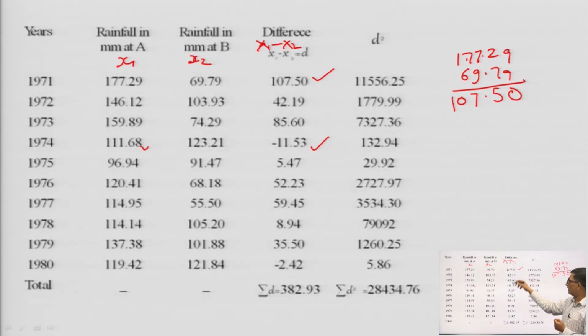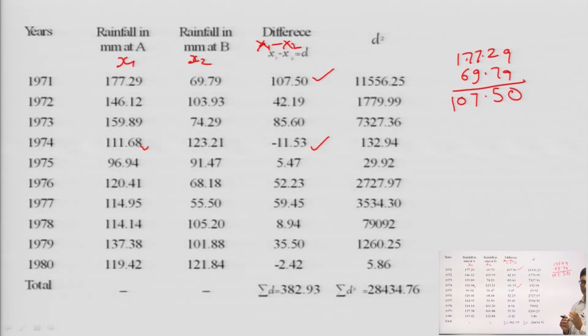So, first we find the difference between x1 and x2 and then find the total of this. You see in this case 90/80 also, x1 is smaller than x2. So, the difference is minus 2.42. To find the sum of these, we first add the plus terms, this and this and this, and then we subtract the sum of negative values.